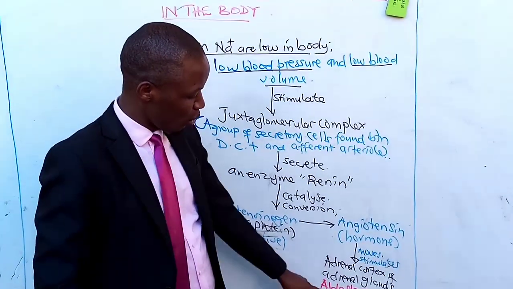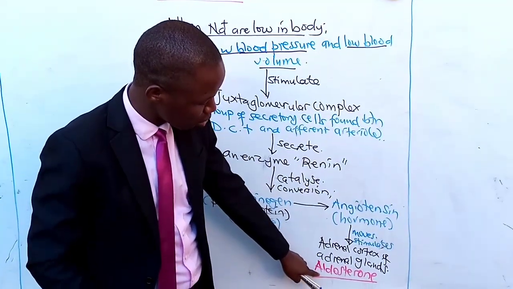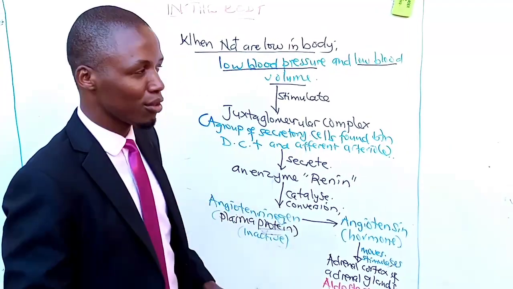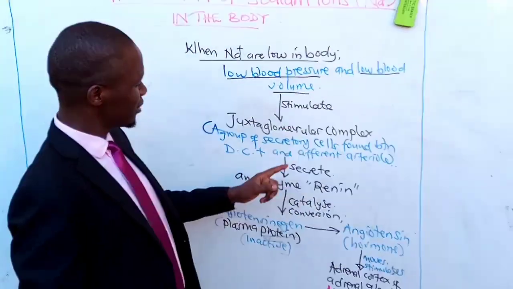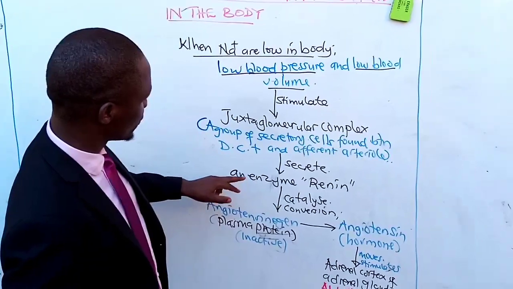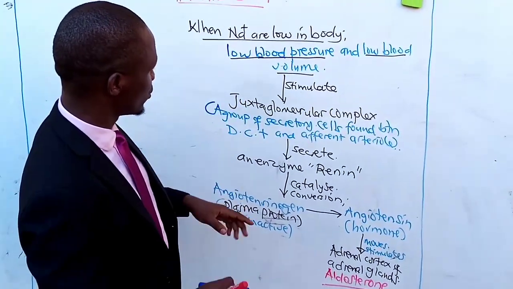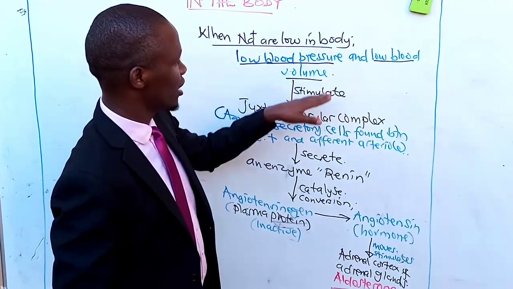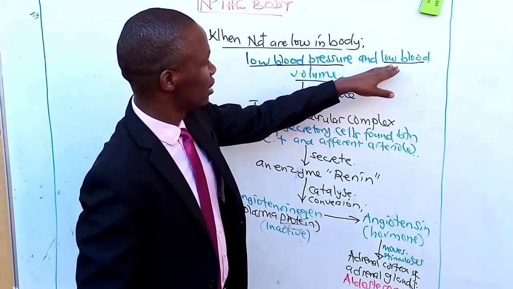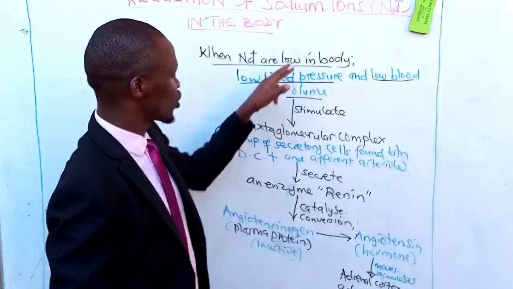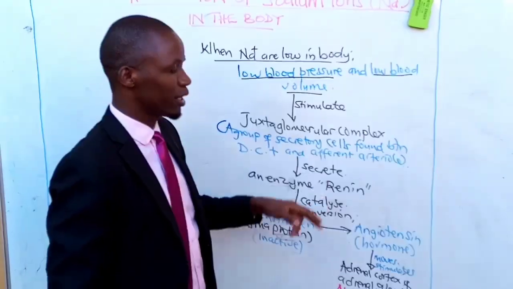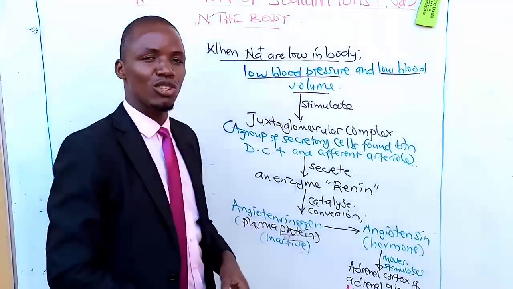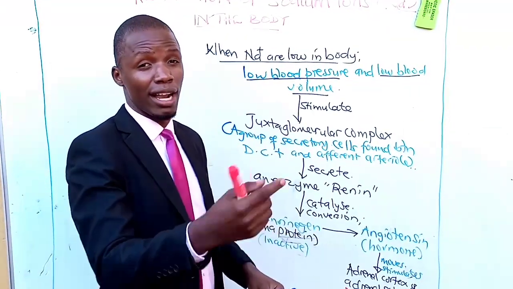But before we can go to how aldosterone helps us, I also want to take you through this small thing. Apart from the low blood pressure and low blood volume stimulating the juxtaglomerular complex, we can have this complex also become stimulated through another pathway.